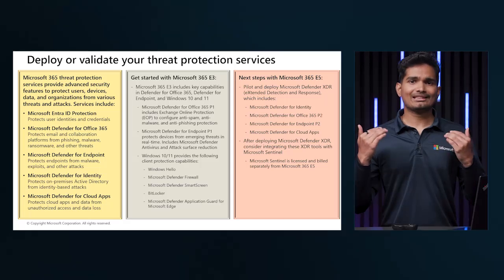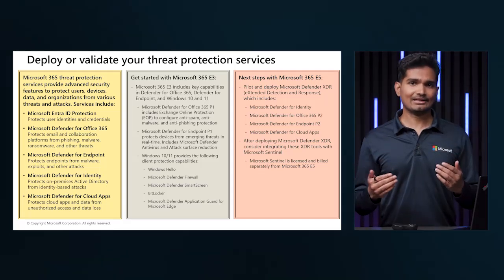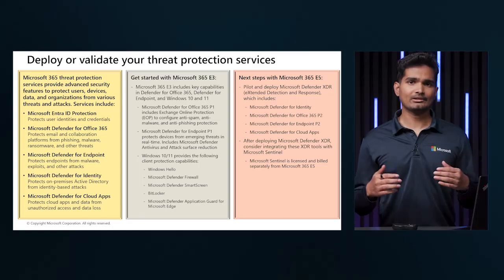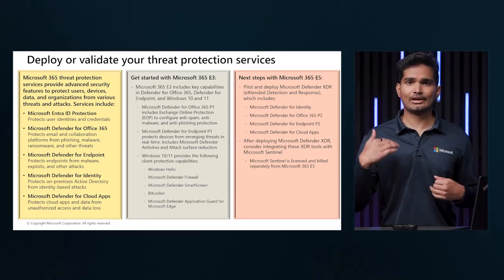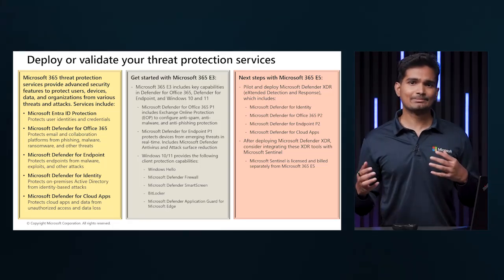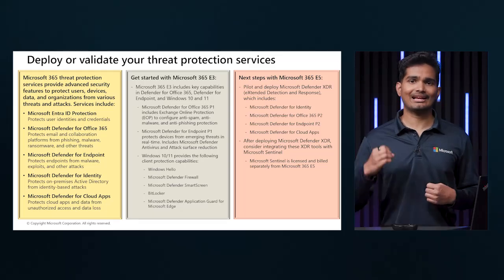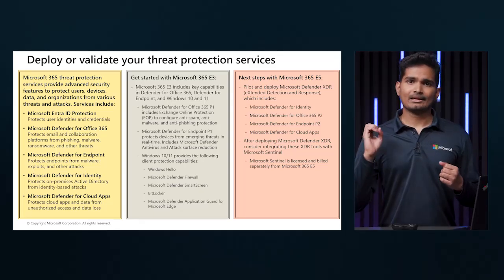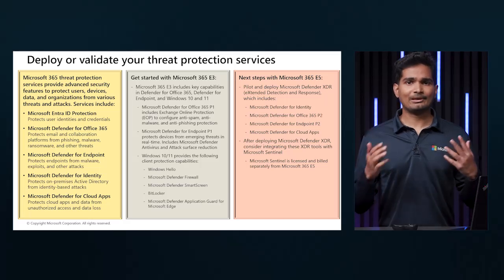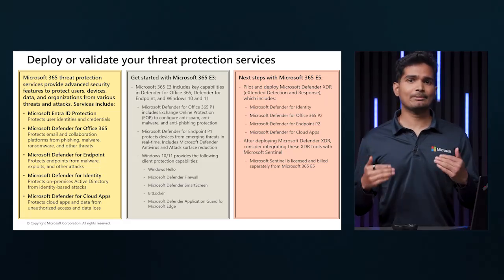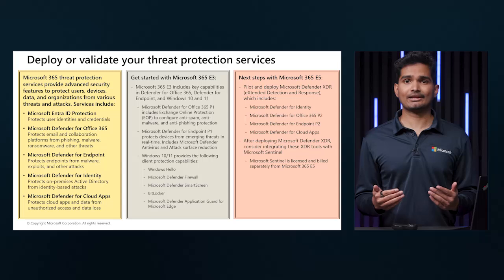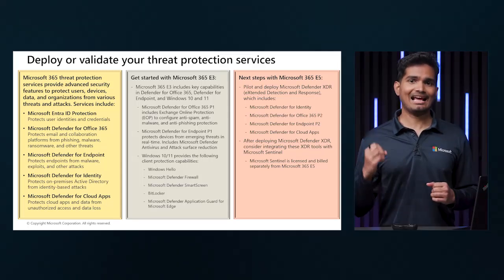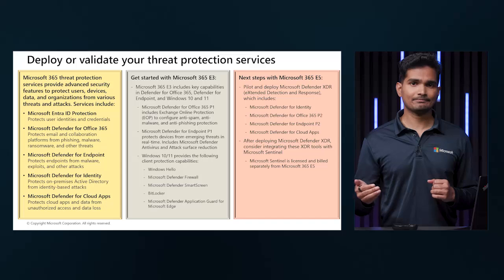The Microsoft 365 E3 offering has Microsoft Defender for Office 365 P1, which provides Exchange Online Protection with anti-spam, anti-malware, and anti-phishing configurations. Microsoft Defender for Endpoint P1 offers real-time protection against emerging threats with features like Microsoft Defender Antivirus and attack surface reduction.